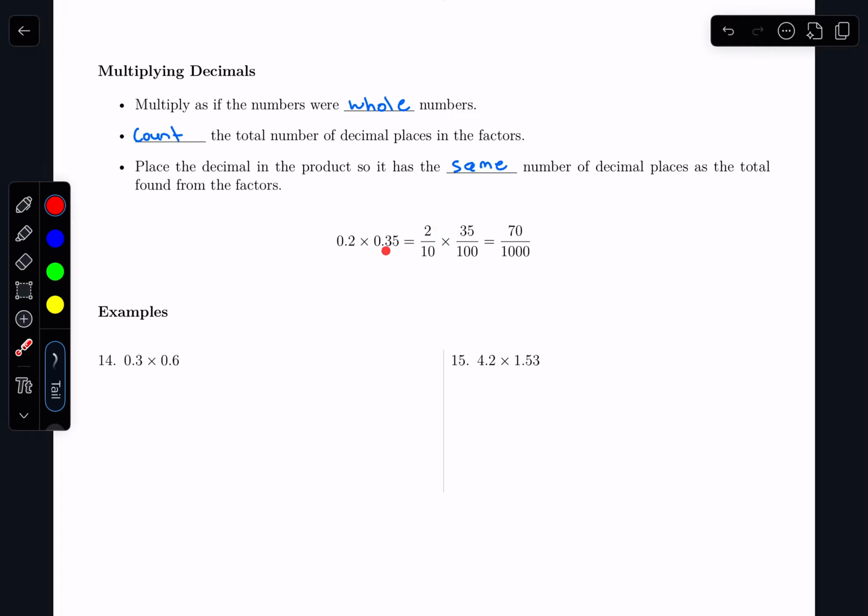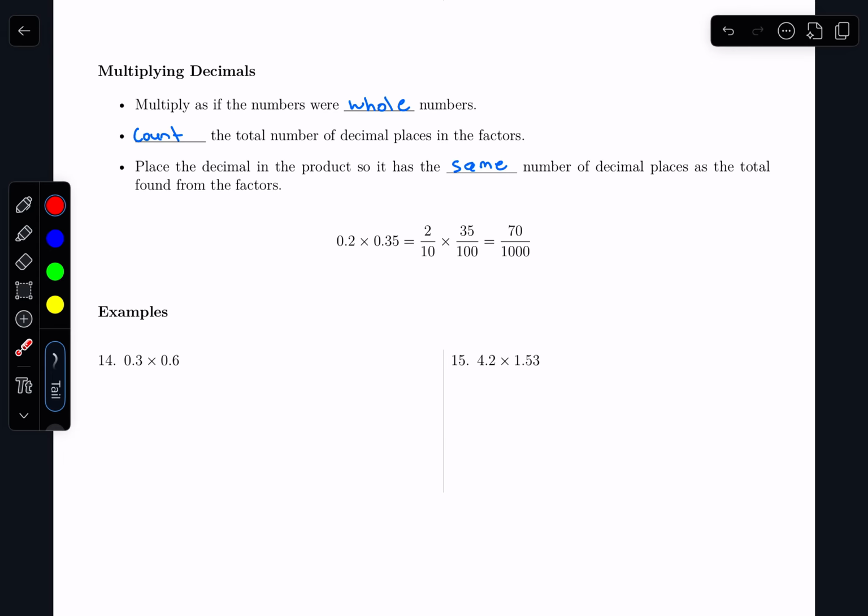And 0.35 is 35 over 100 because the 5 is in the hundredths position. But now look at how we multiply fractions. We learned in previous lessons that you multiply across the top and across the bottom. So we're going to do 2 times 35 on top, that's 70. And then 10 times 100 on bottom, that's 1000.